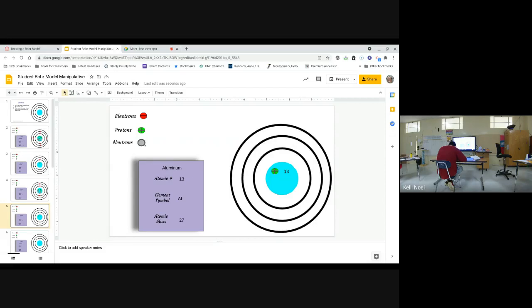We're going to do the same for neutrons, because if you use the calculator that should be on your table and do 27 minus 13, you get what? 14. So out beside the neutron circle, I'm going to type 14. Remember, you may have to make it bigger.